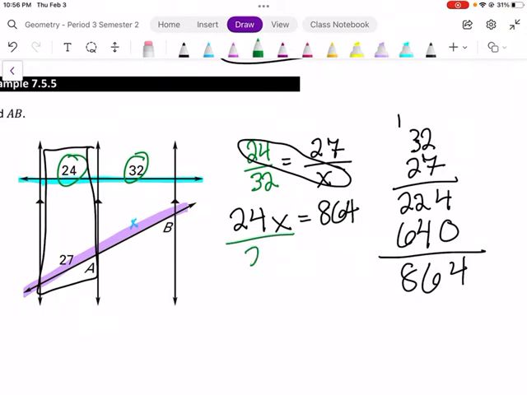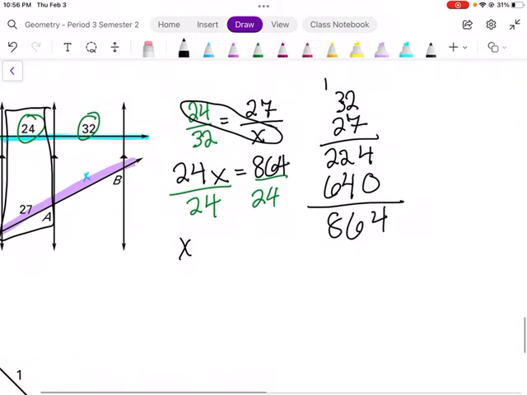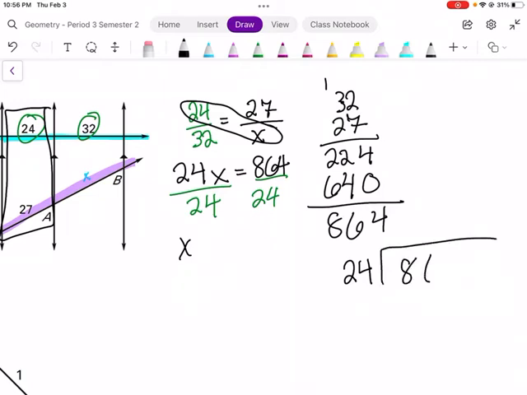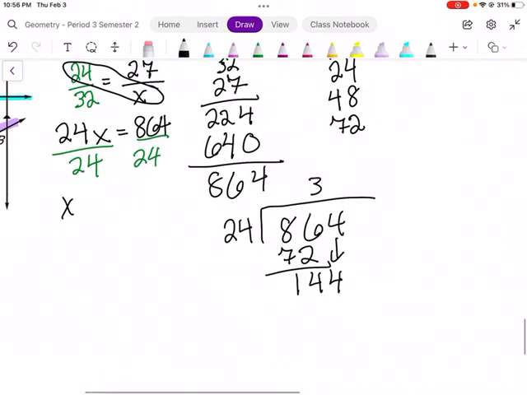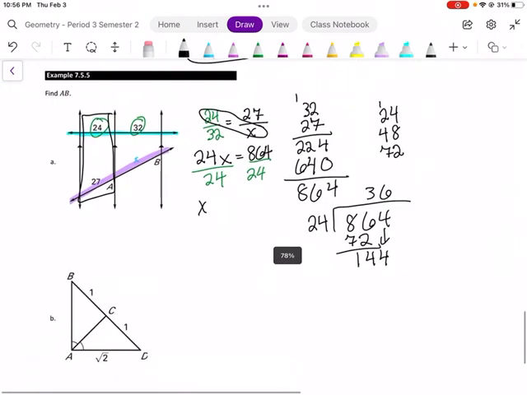Then we will divide both sides by 24 to figure out what our x value will be. 24, 48, 72, and then 24 would go into 144 6 times.